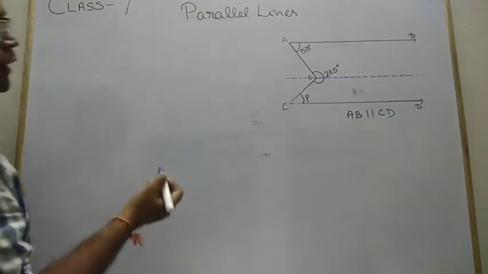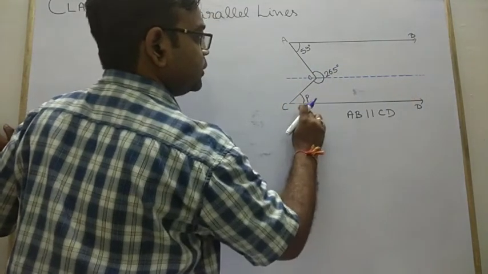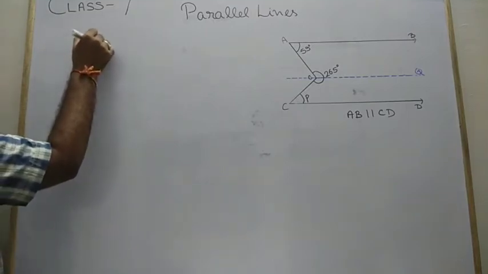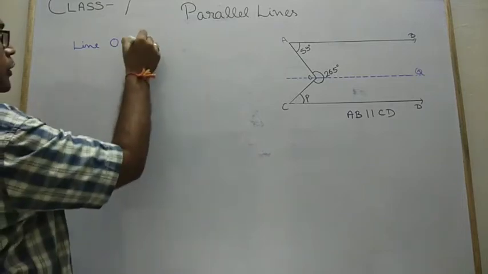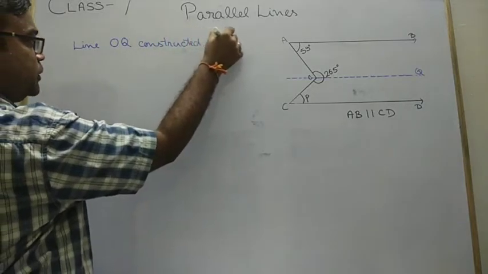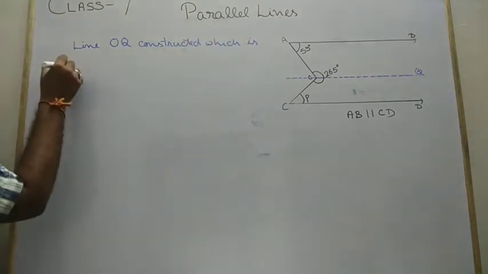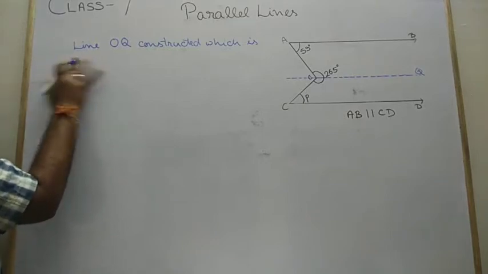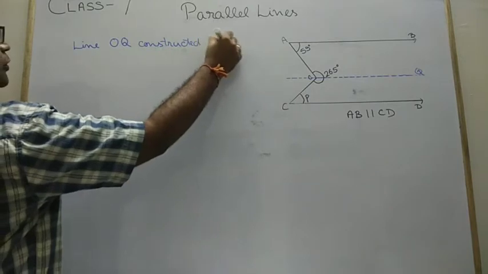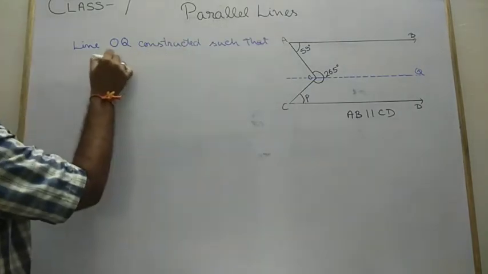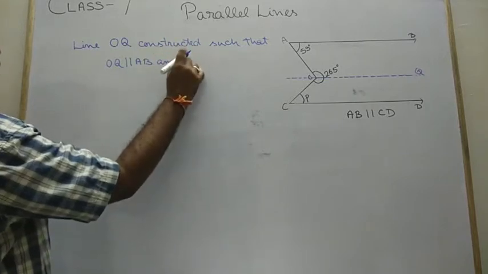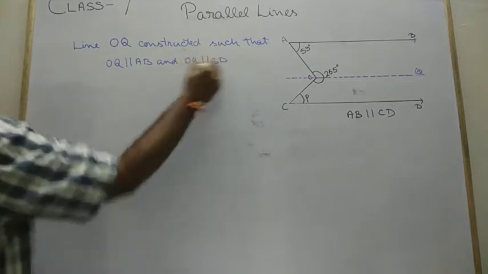Here we can give the name O. P is already here, so give it as Q. Line OQ is constructed such that OQ is parallel to AB and OQ is parallel to CD. This line you have constructed.